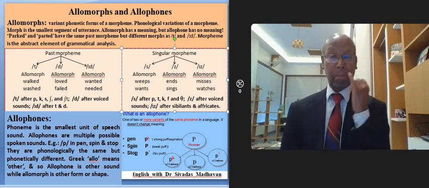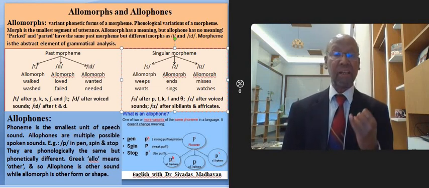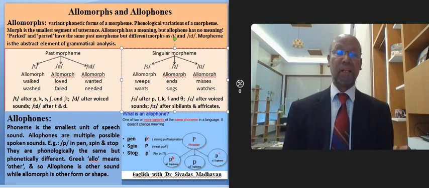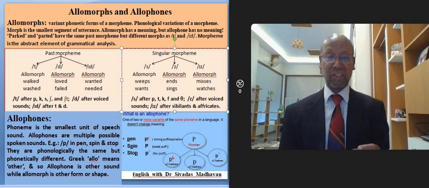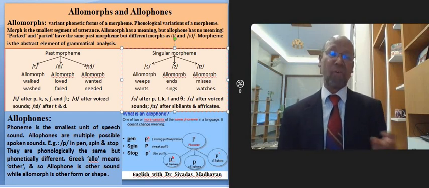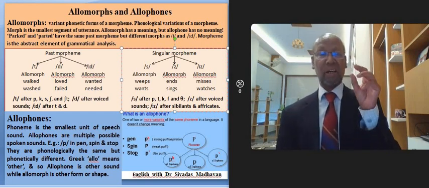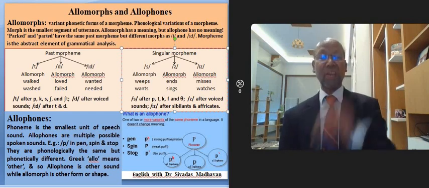So pin, spin, and stop: these three p's are different from each other. That is allophones. Allophones are the different realizations of the same phoneme.